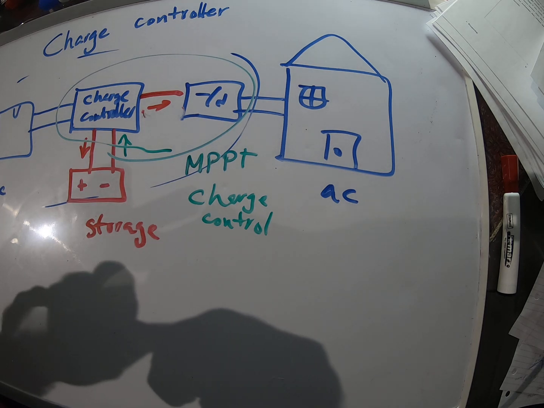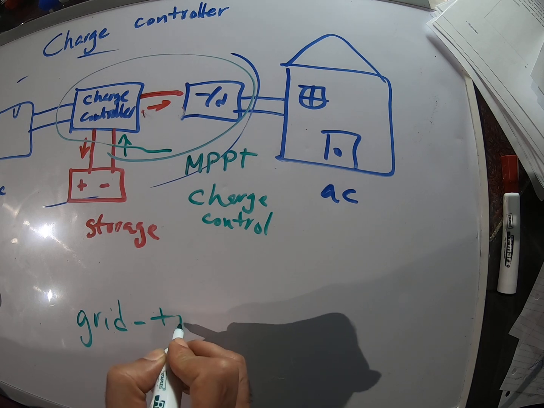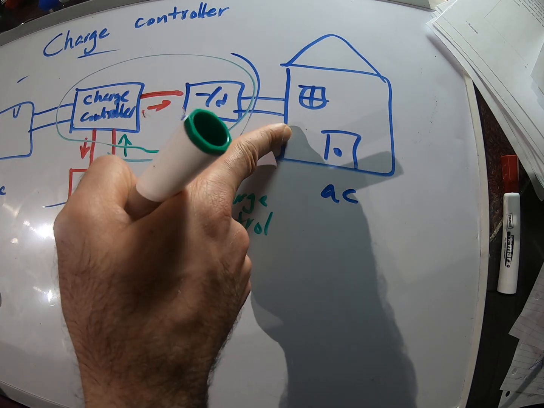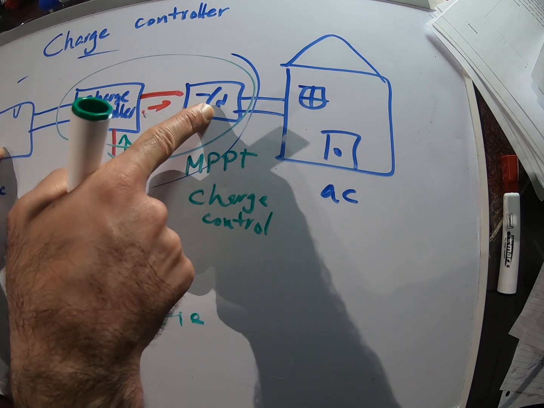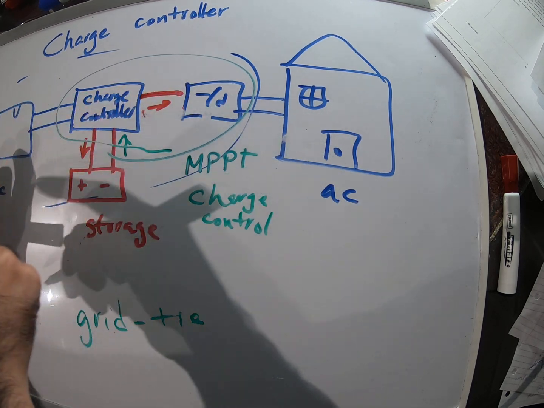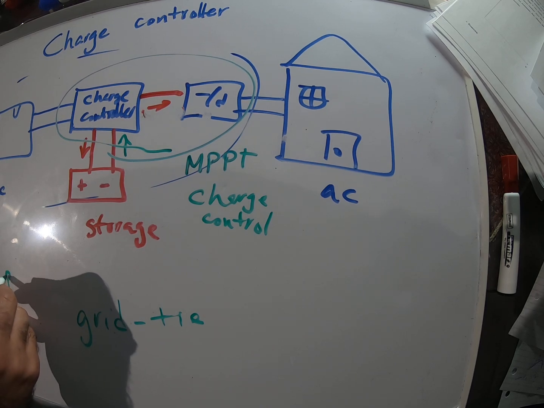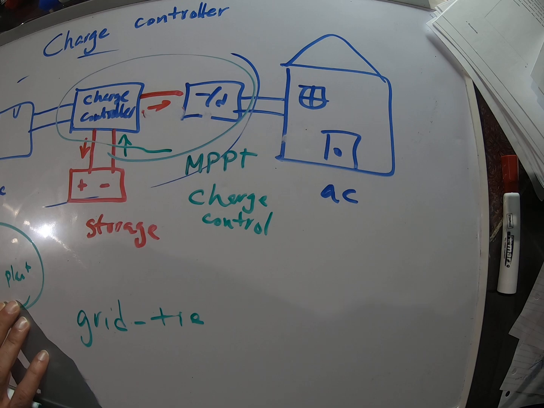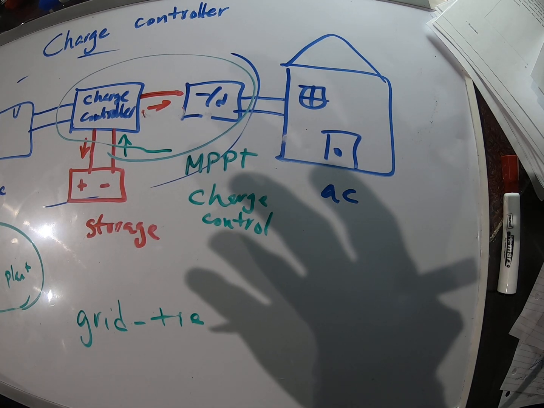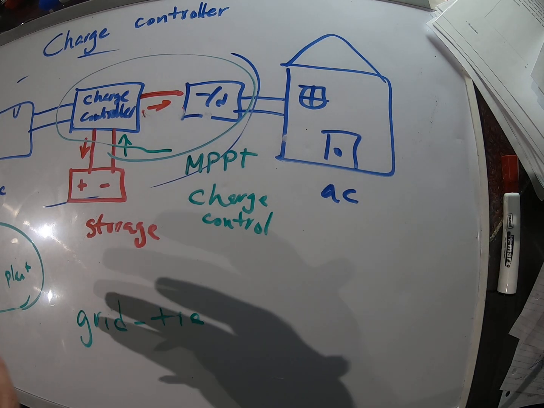Okay, but if you have something called a grid tie inverter, here this inverter is connected to a house and to our solar panel, so it's isolated. But if you have a solar power plant, it means that you want to sell your solar power into the grid, let's say to BC Hydro or to another utility.